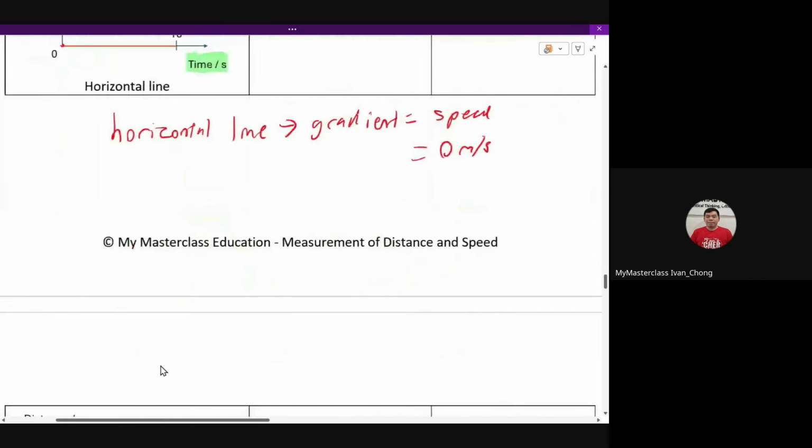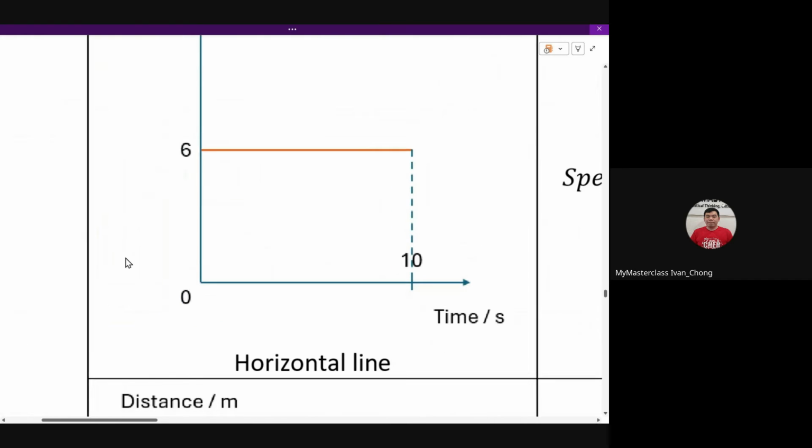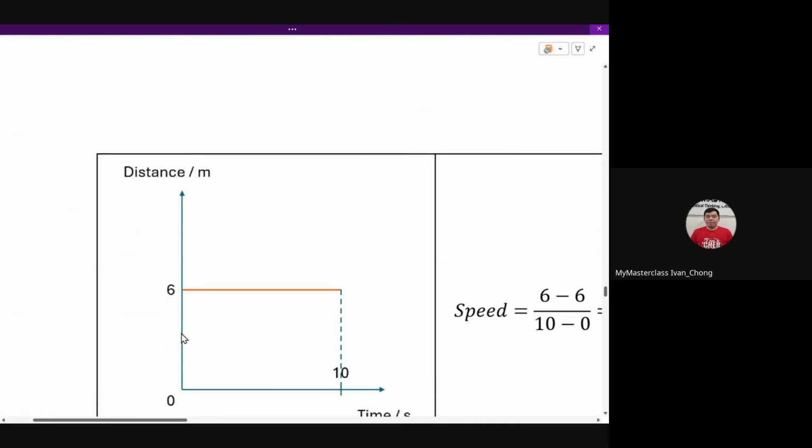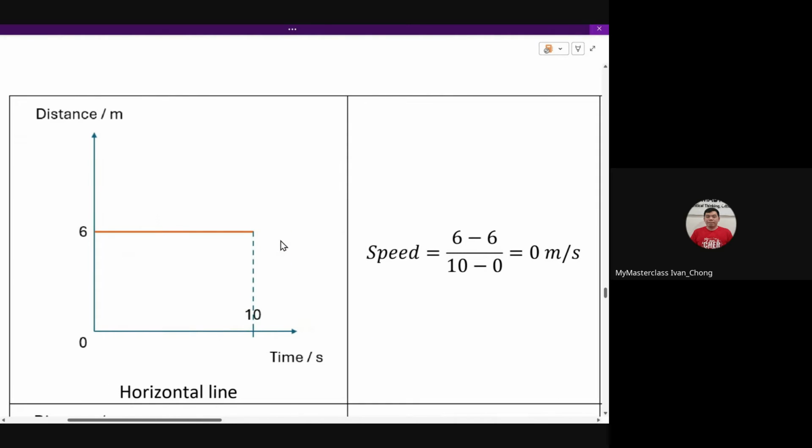Let's take a look at the next page. Same thing: at the start, I am 6 meters away from my starting point, and after 10 seconds, my object is still 6 meters away from my starting point. Also a horizontal line. If you take the gradient formula, on top is your change in distance, and the bottom is the time taken.